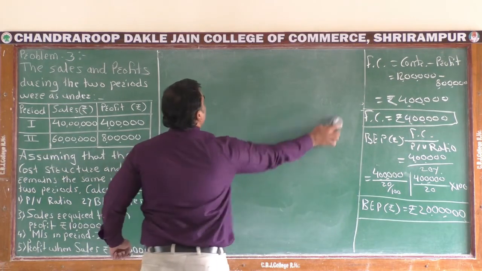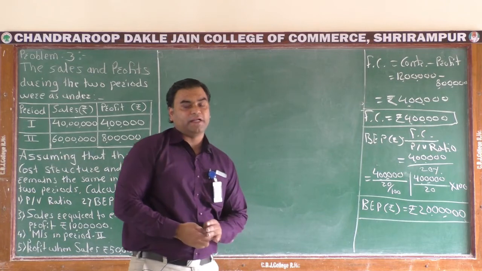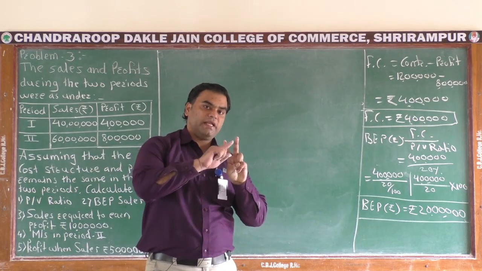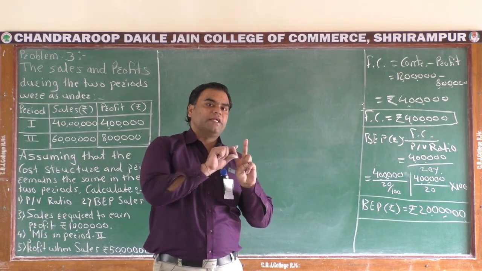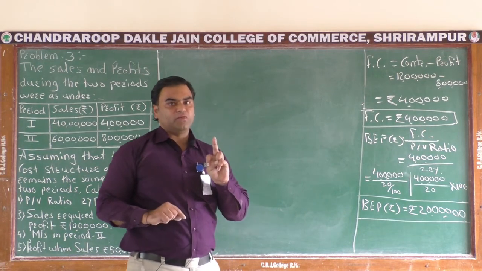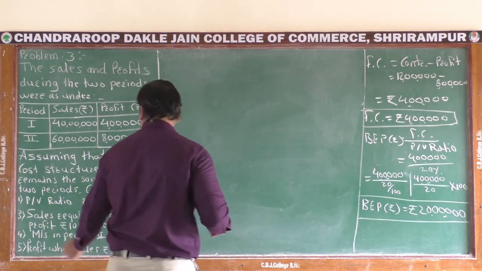As we know, contribution includes two contents, fixed cost and profit. So we know the fixed cost. So we will have to deduct fixed cost, then automatically profit amount will remain. So that logic we are going to utilize now.